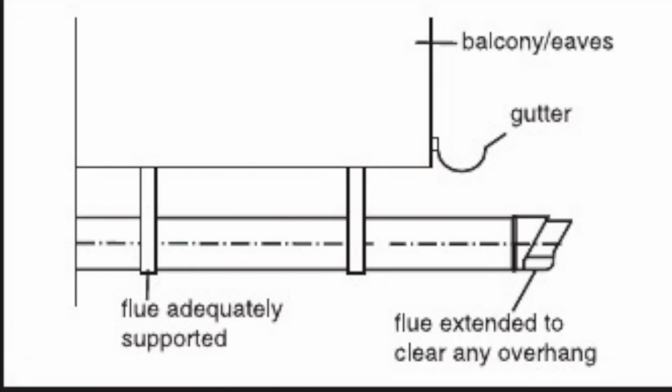So yes, you can stick a Vaillant flue out through the wall, but you must follow the manufacturer's instructions when you're doing this. So if we look in the Vaillant manufacturer's instructions, this shows you exactly how you would terminate the flue past a balcony, eaves or a gutter, and the end of the flue needs to be 25mm past the gutter.